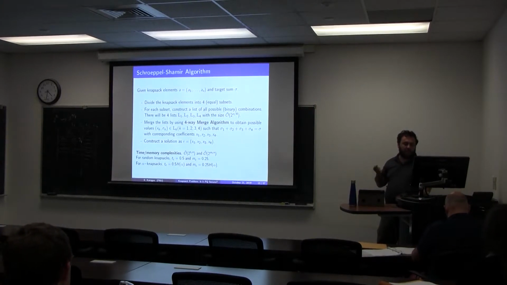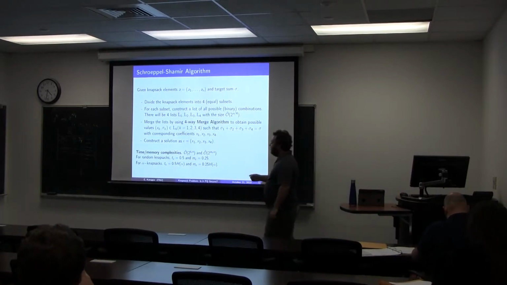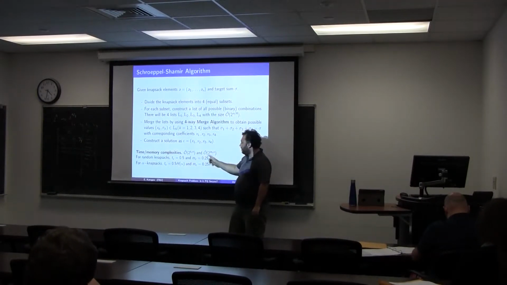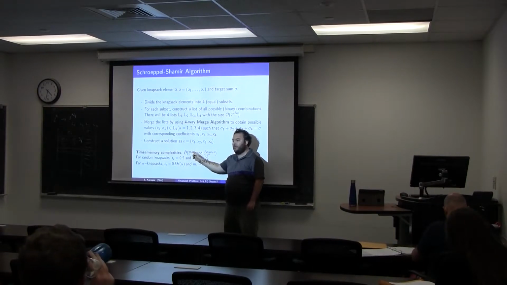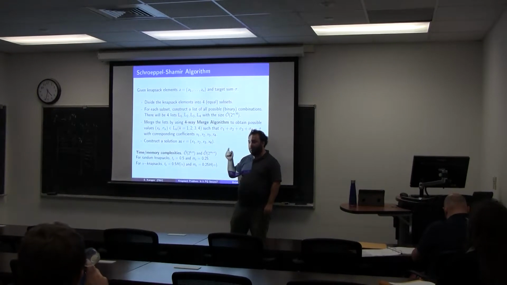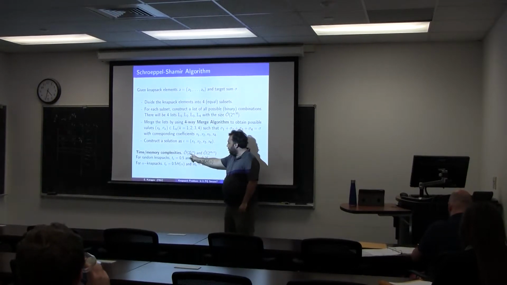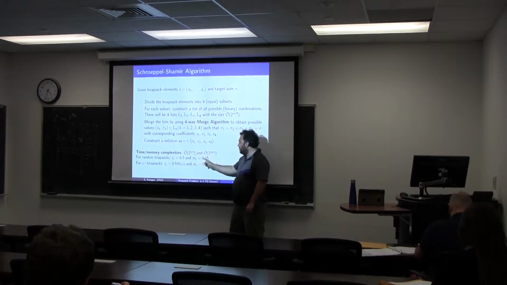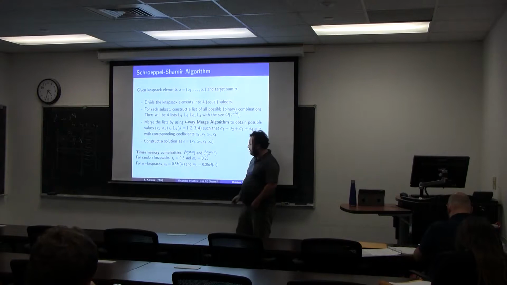Time complexity is 2 to the n over 2. By the way, for the time complexity and the memory complexity, I just focus on the coefficient of n. All of the generic algorithms have exponential complexity of the form 2 to the c times n. So for the time complexity, I just focus on this coefficient Tc. For the memory complexity, I just focus on this coefficient Mc.